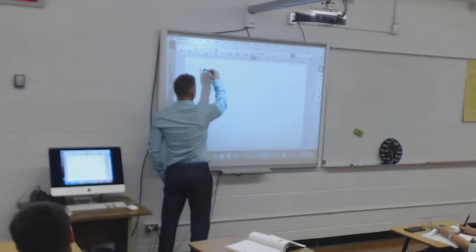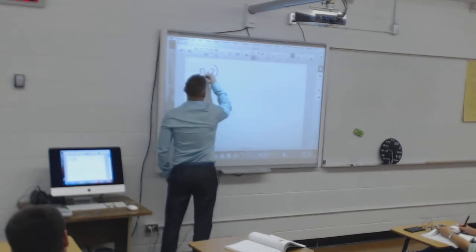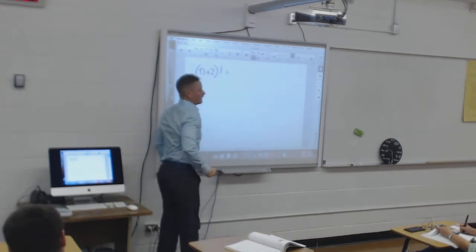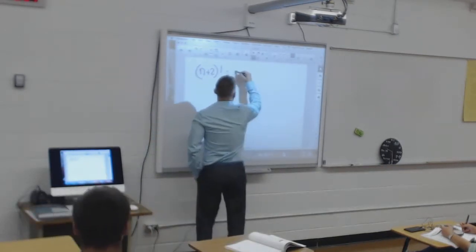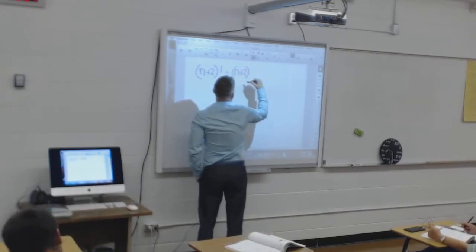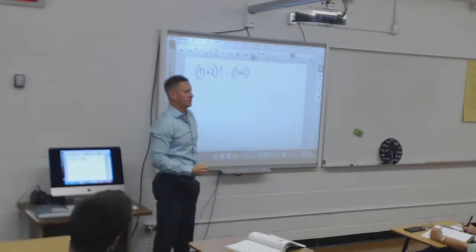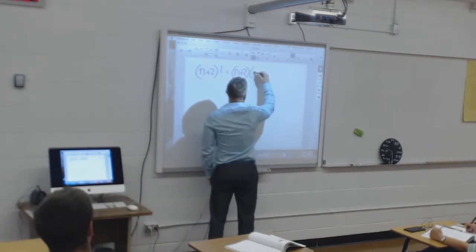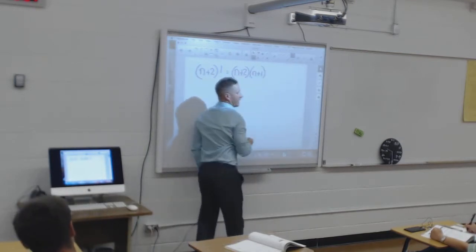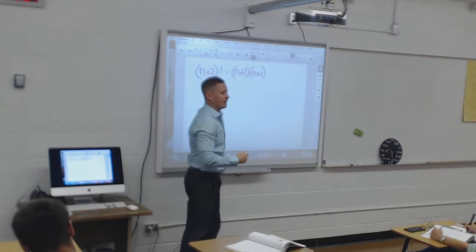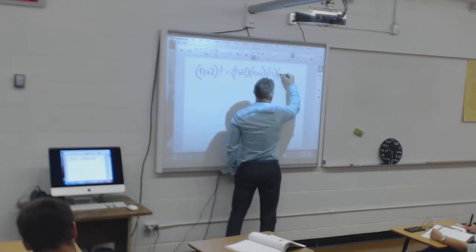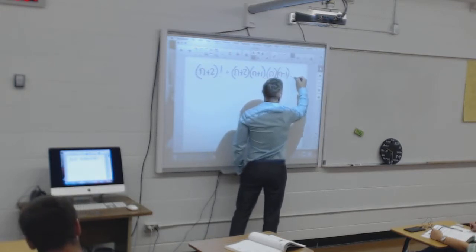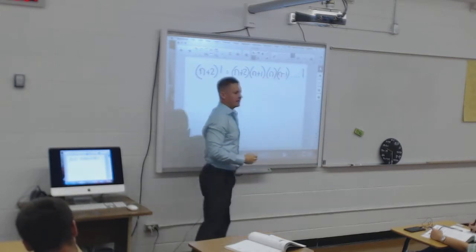So what if I had this? And I wanted to expand it out now. So what's my first number? N plus 2. What's the next number smaller than n plus 2? N plus 1. And then n. And then, yeah, so then it goes all the way down to 1, right?